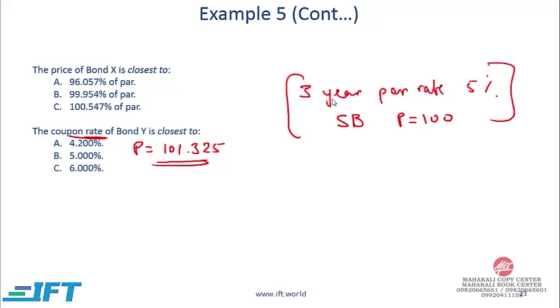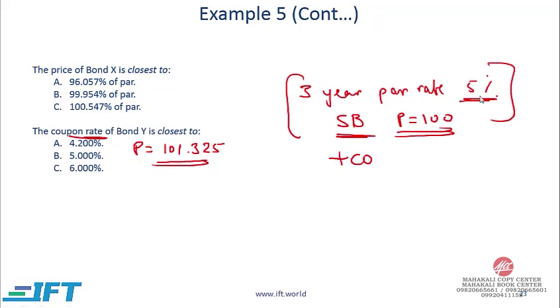We are told that the 3-year par rate is 5%. So this means that a government bond, which is a straight bond with a coupon rate of 5%, has a price of 100. If a call option were added to this, then what happens to the price?